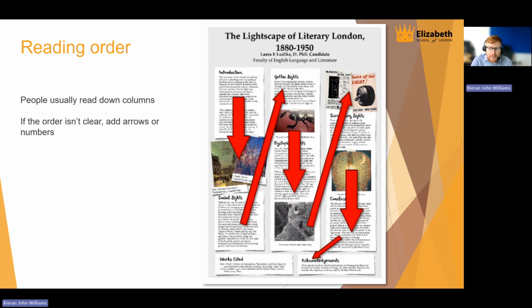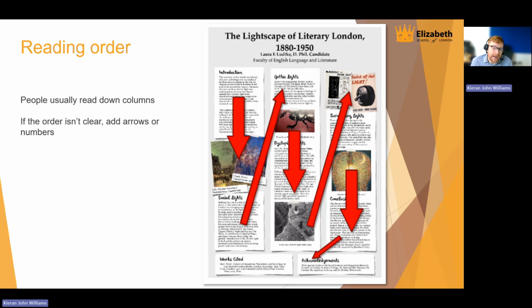Okay, but one thing to keep in mind is generally people, when reading in English, we have a natural reading order, which is left to right, top to bottom. So it helps to follow that reading order. Again, you can change it, that's fine. But if you are going to change it, make sure you use some visuals to show you where you should read next.